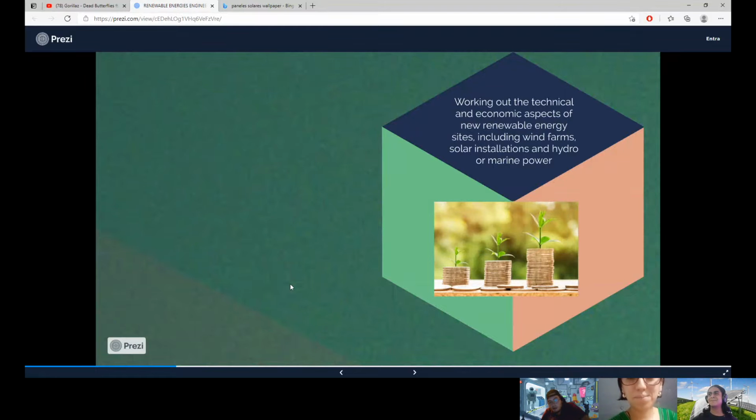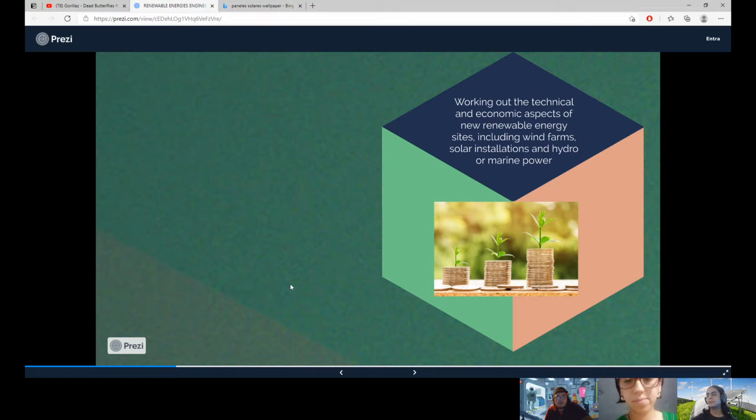Working out the technical and economic aspect of new renewable energy sites, including wind farms, solar installation, and hydro or marine power. Before the installation, it is necessary to verify the status of the equipment. For example, for the panels, we need to check that they are not broken or with any damage.